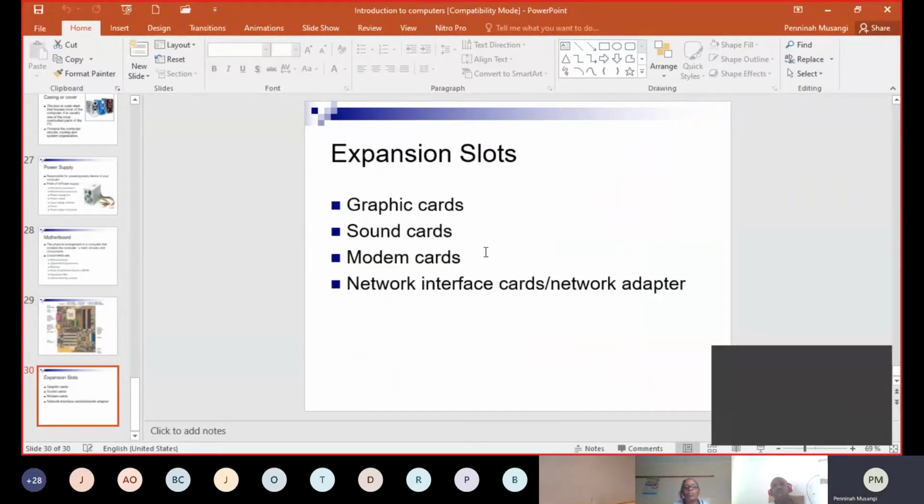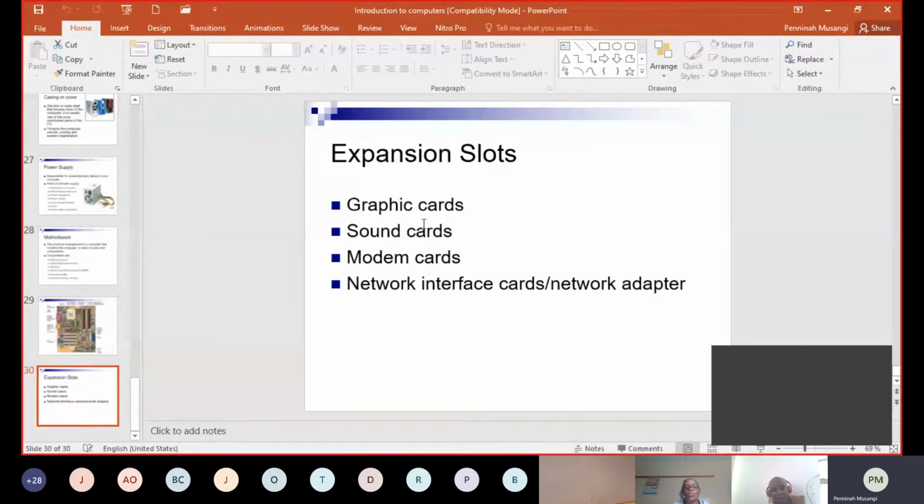Then still in the system unit, it has what we call expansion slots, whereby other than what your computer has come with, you can buy additional memory and you want to add it into your computer.